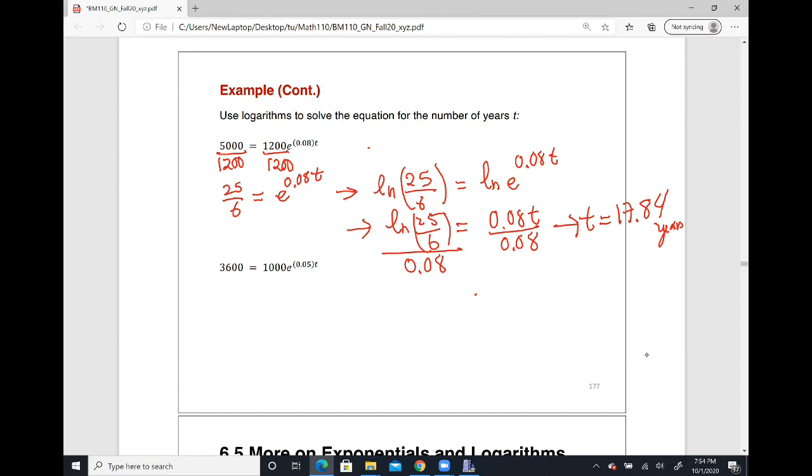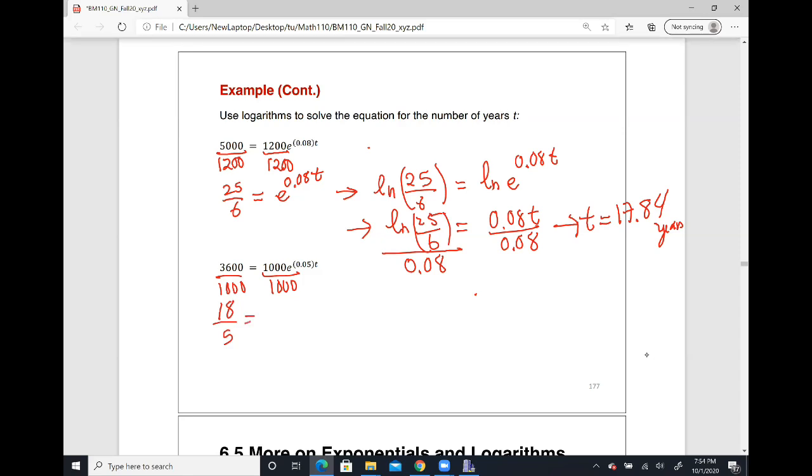What about this problem? I have to divide by 1,000 on both sides. So now the left hand side is 36 divided by 10, which is 18/5.